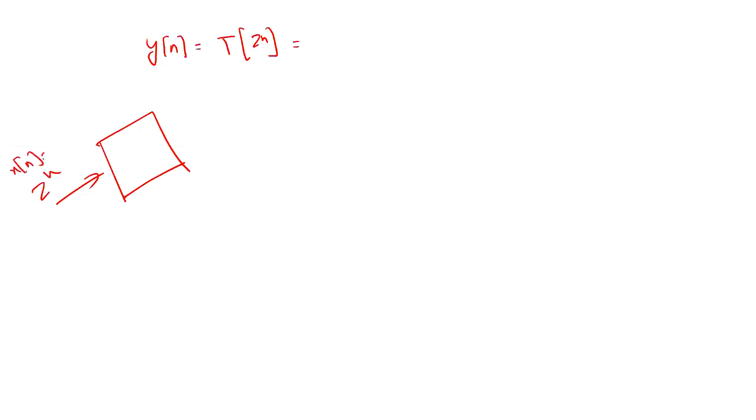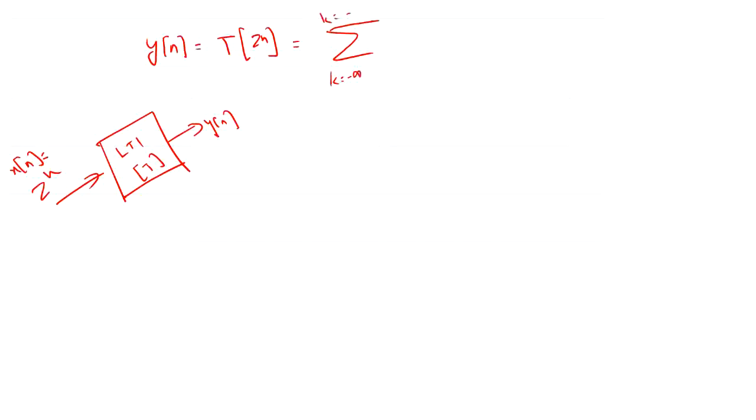Basically, we are applying the input x[n] equal to z raised to the power n to this LTI system, and then we are getting the output y[n]. So what can we write? We can write it in the form of a convolution sum.